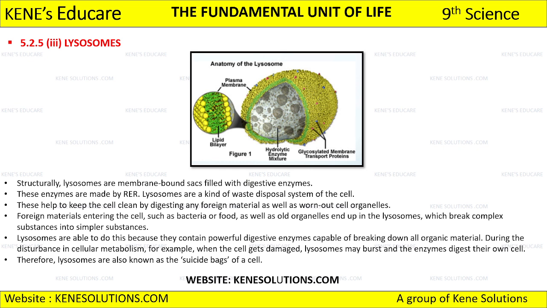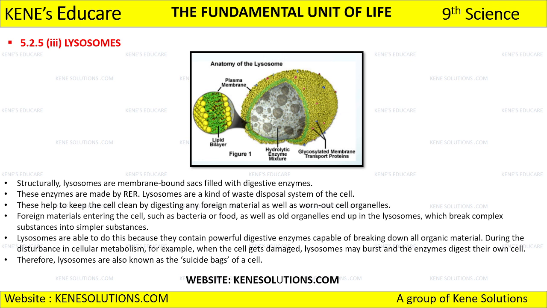Now if you look at the anatomy of the lysosome that has been shown, it has a plasma membrane which has a lipid bilayer, then we have a hydrolytic enzyme mixture, and along with the hydrolytic enzyme mixture it has glycosylated membrane transport proteins.